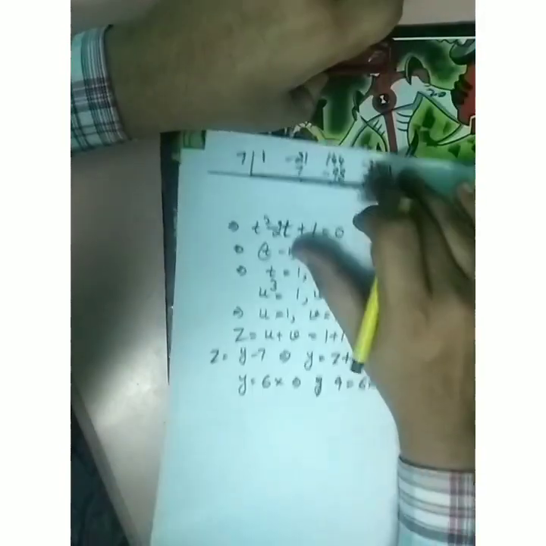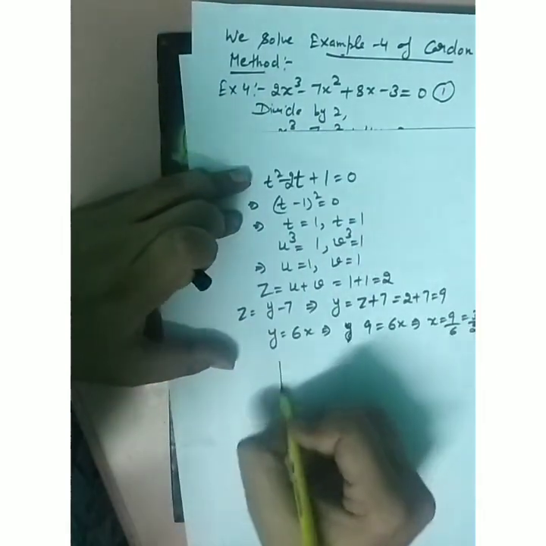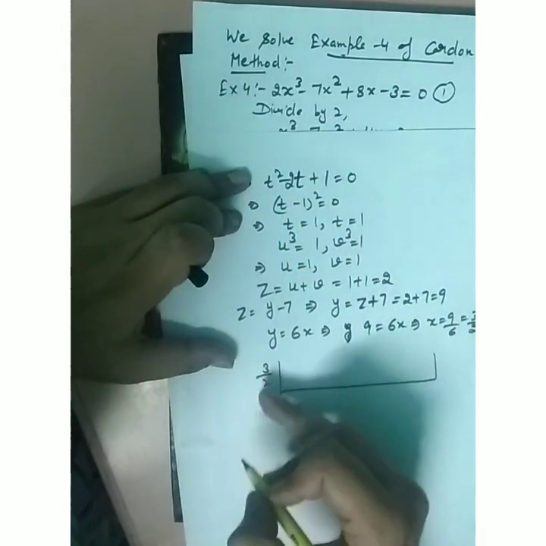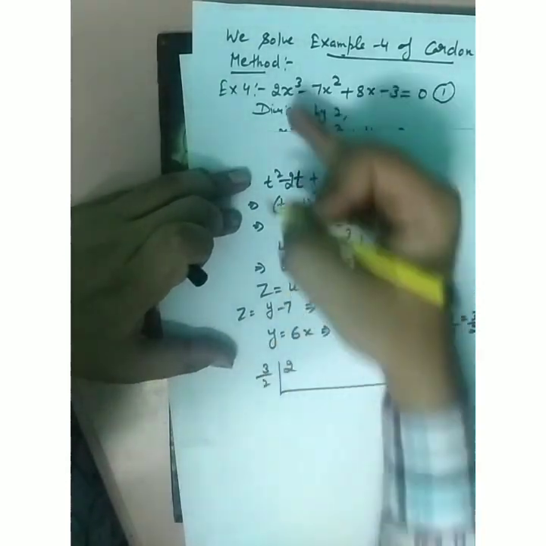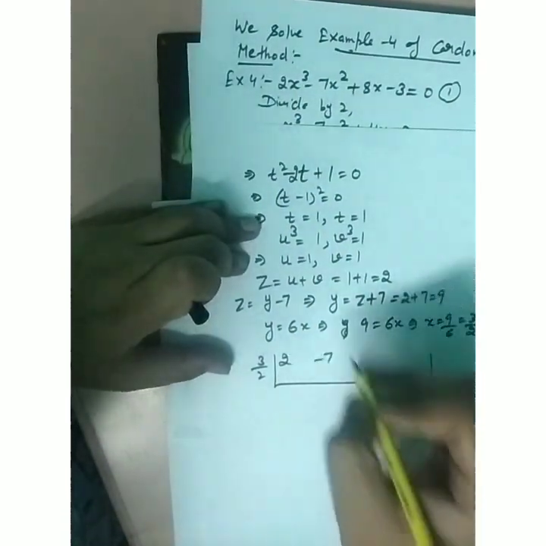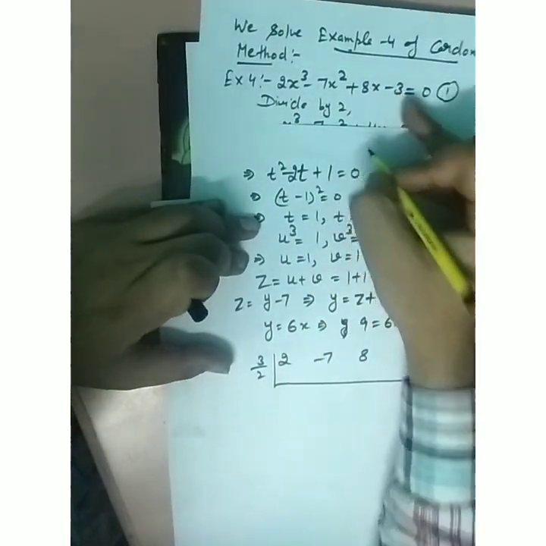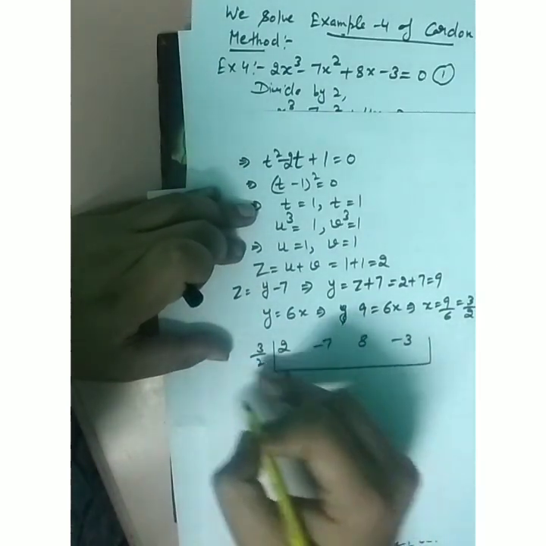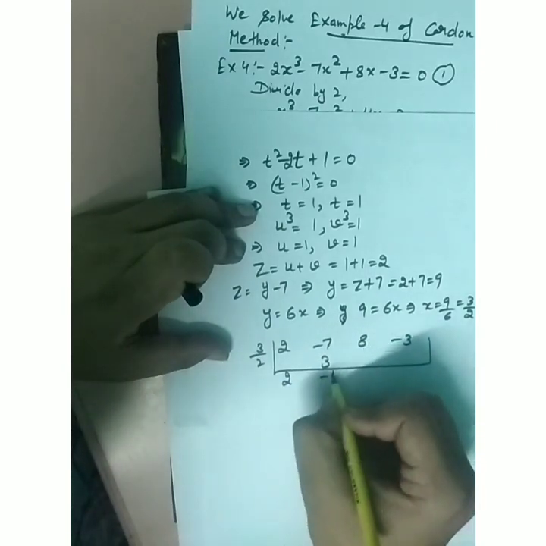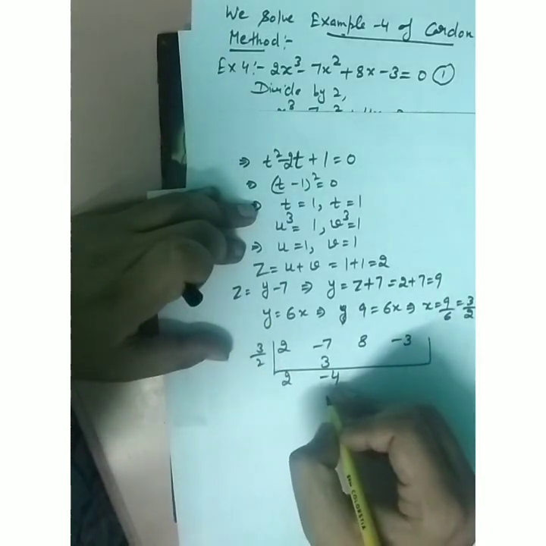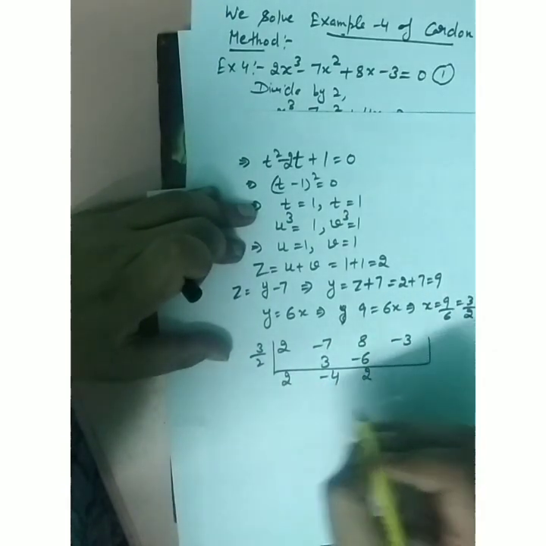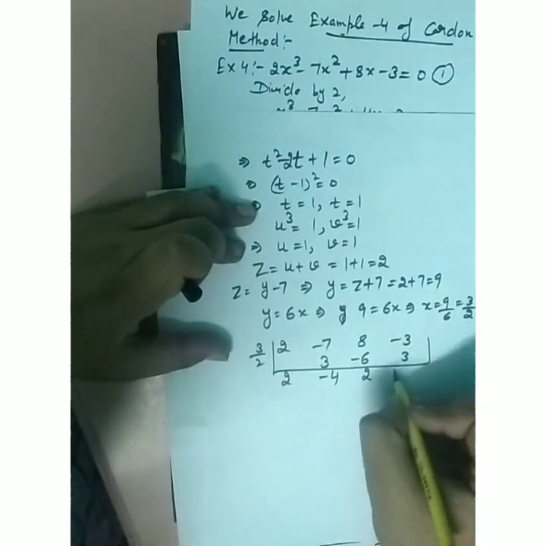So we have found one root of this equation, and for the other two roots we have to use the division method, with 3 by 2, coefficient of x cube that is 2, coefficient of x square minus 7, coefficient of x 8, and constant term minus 3. So first term as it is, multiply these two, that is 3, adding these two, minus 4, multiply these two, that is minus 6, and that is 2, multiply by 3/2, that is equal to 0.